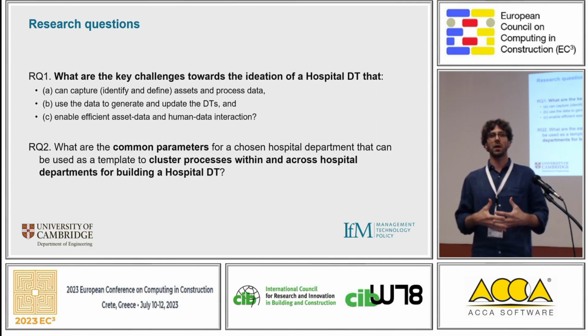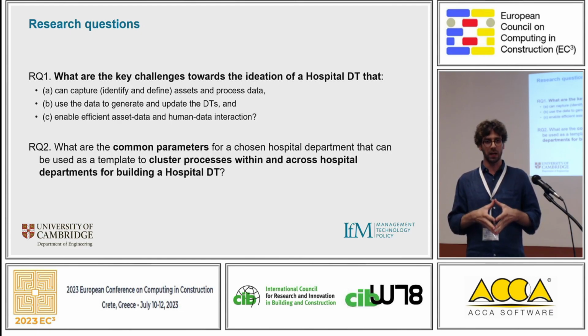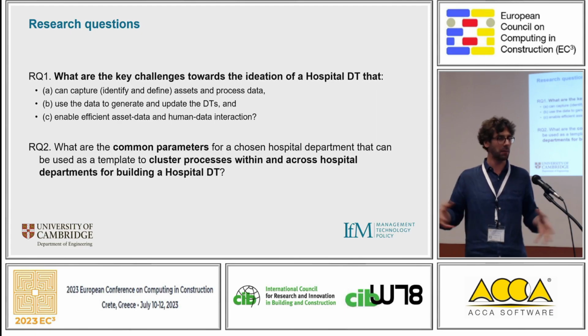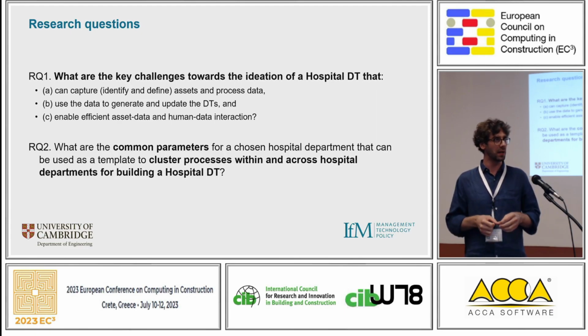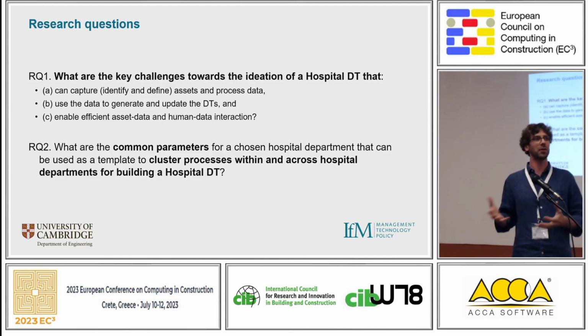So what are the research questions? When we started working on this project, hospitals are very complex facilities in which there are a lot of core and ancillary processes. Asset management and operations are very extensive in terms of delivery services. And of course, the focus is on the patient, right?